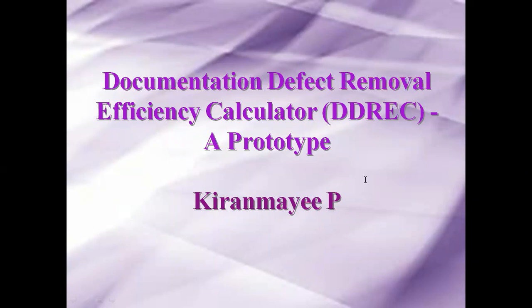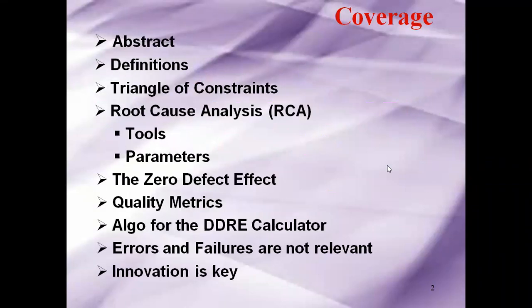Right now, what I'm going to do is I'm going to show you a page down. Okay. So this is how we'll be doing. And we'll also look at a little bit of root cause analysis. The reason why root cause analysis and the tools and parameters which you should know is because there might be errors which are coming from different people.